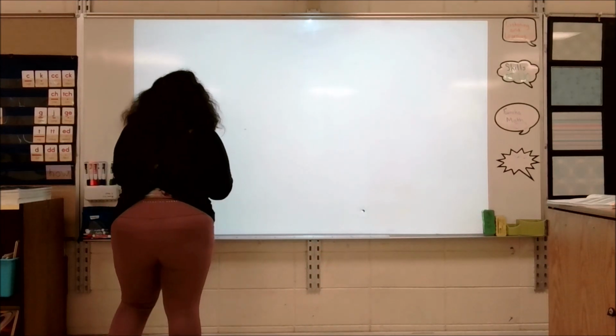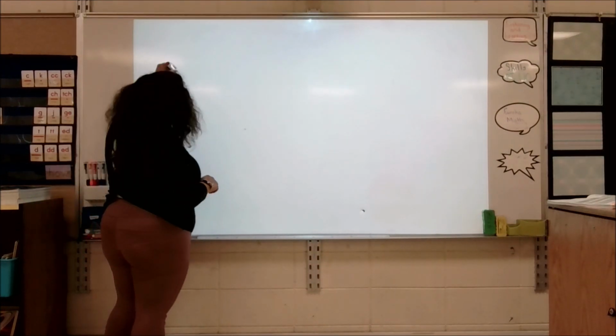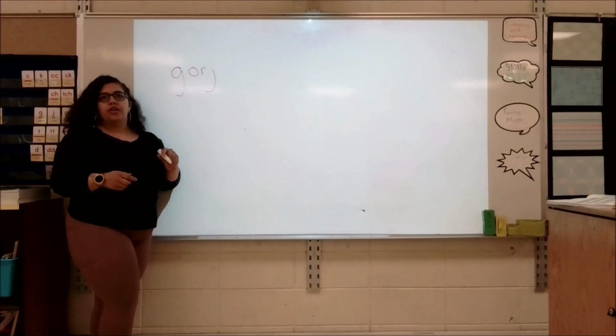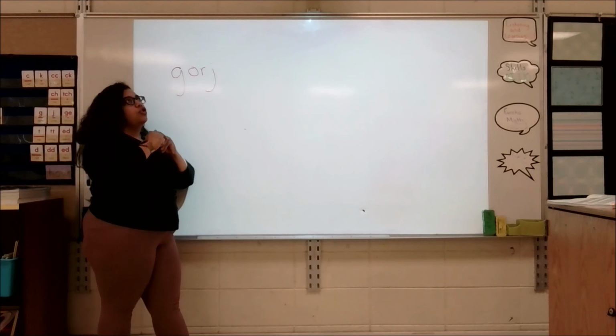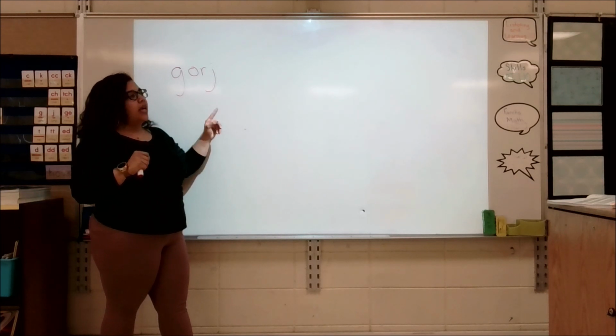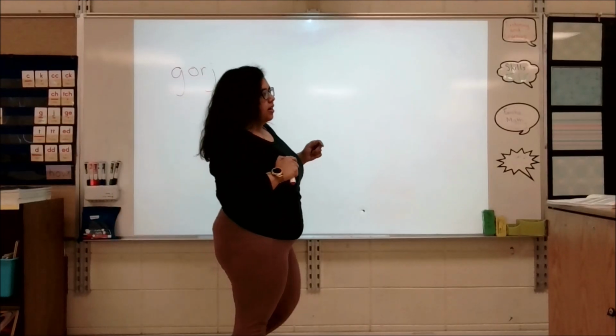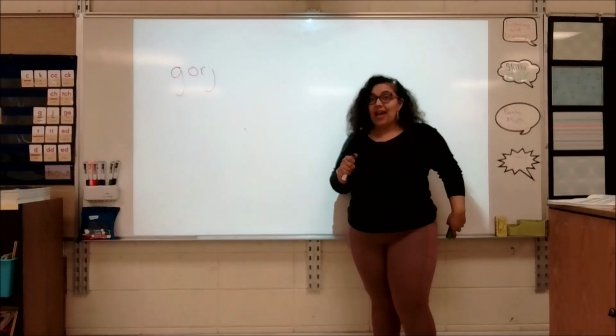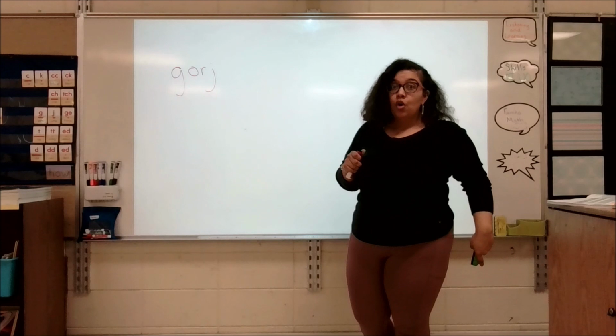So let's sound out the word gorge. G-or-j. Gorge. Okay, so these are the correct sounds, but we have a little bit of a hiccup here. In English, as we discussed in our last lesson, we don't really use the letter J at the end of words.